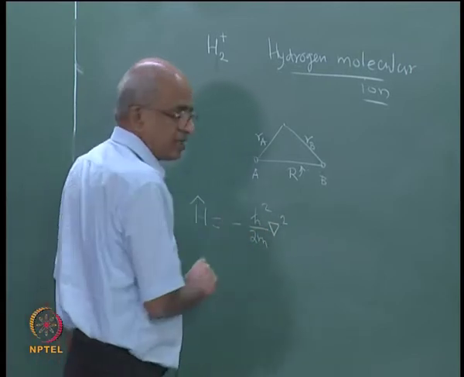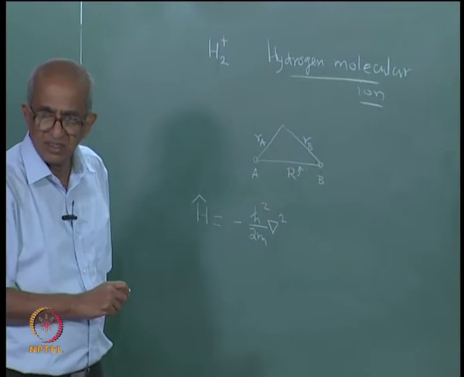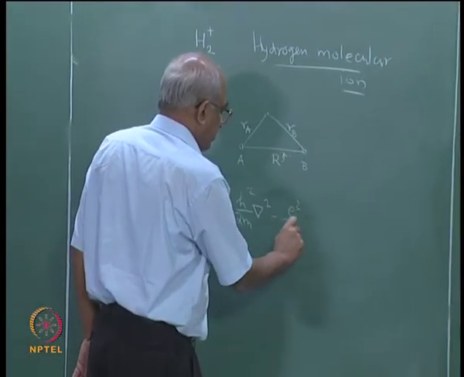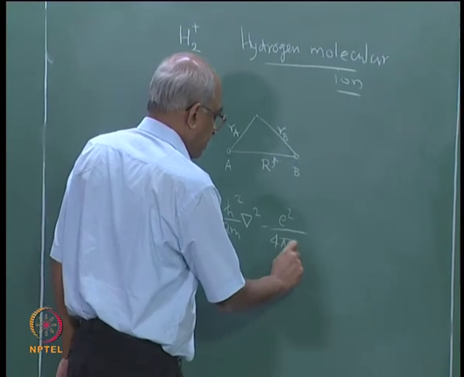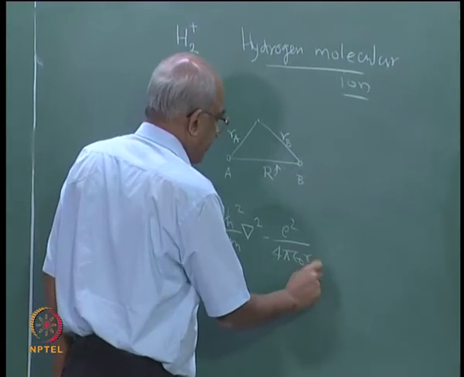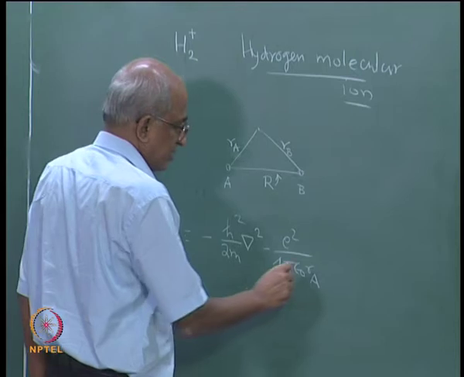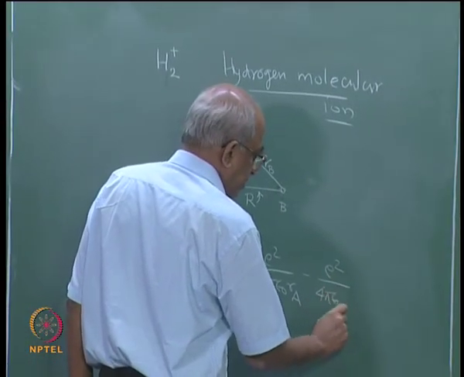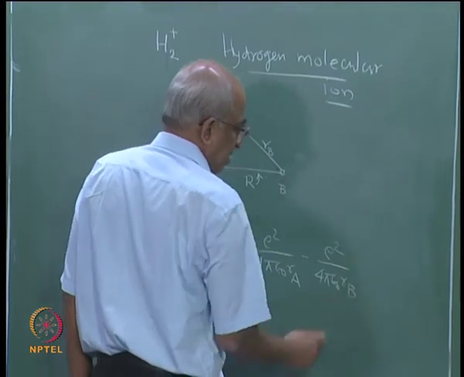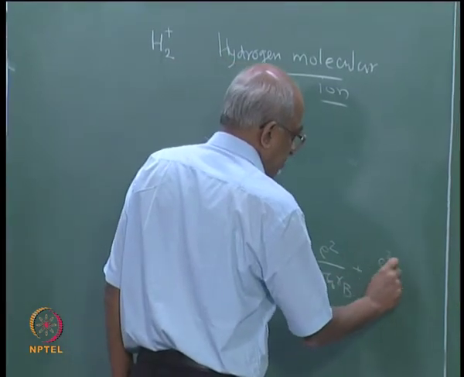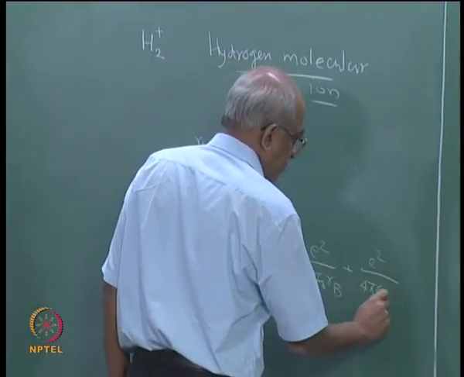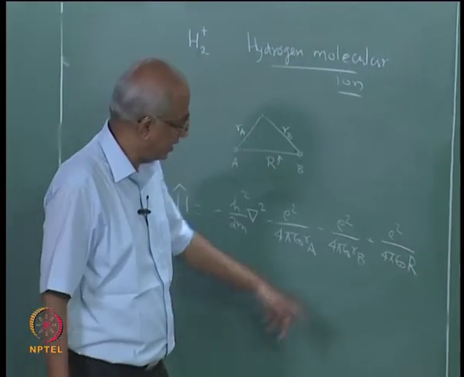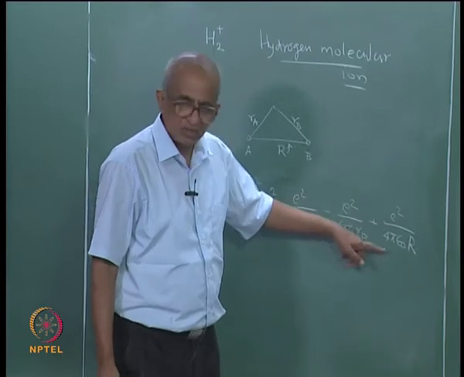This is the kinetic energy of electron, minus e square divided by 4 pi epsilon 0 Ra, interaction of the electron with nucleus A, minus e square by 4 pi epsilon 0 Rb, plus e square by 4 pi epsilon 0 capital R, where capital R is the distance between the two nuclei. This leads to the repulsion, right.